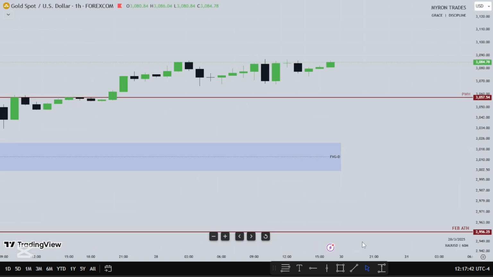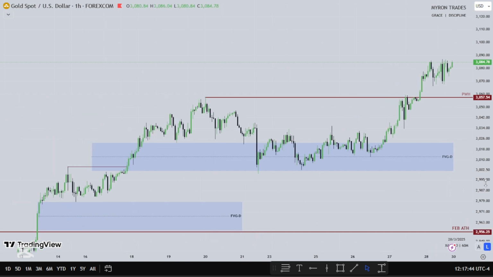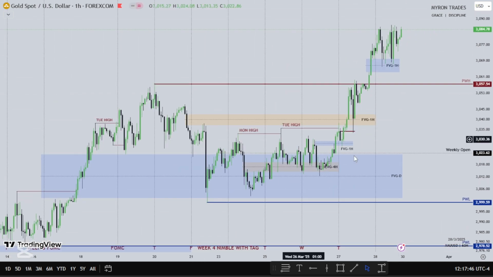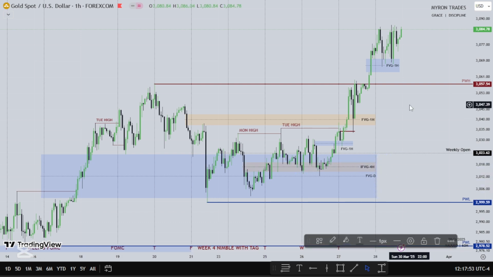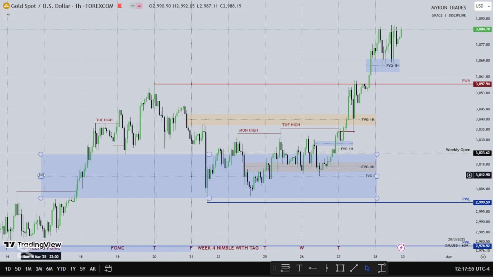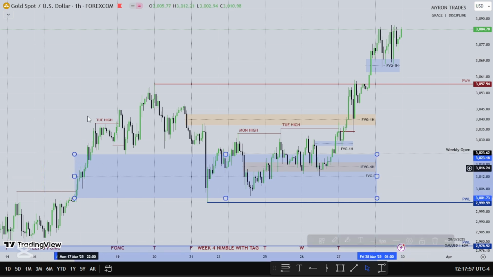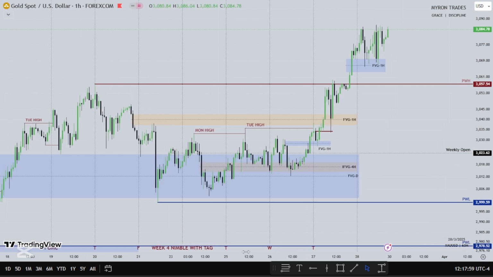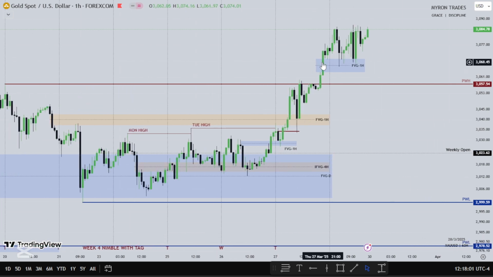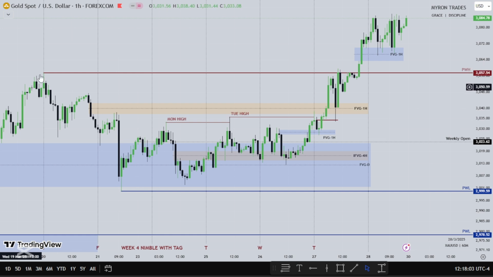Now this is the 1 hour time frame. You can see how price was choppy from Monday till Thursday before the expansion kicks in. Before price taking out the previous week high, then posting a new all-time high on gold.